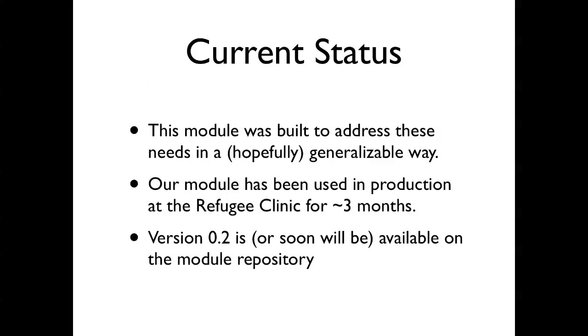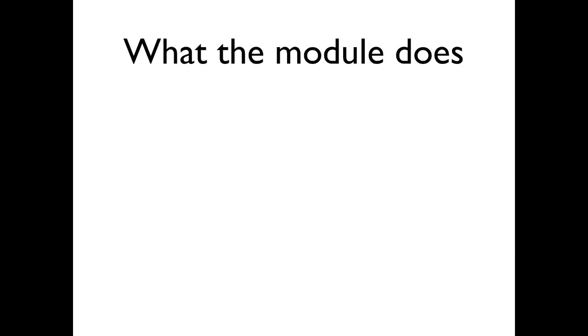Our module has been in production at the refugee clinic now for about 3 months. And during this time, we've done beta testing and hopefully worked out the major kinks. Version 0.2 is now or will soon be available on the module repository for everyone to download, and then they can work with it as we do today on this call.